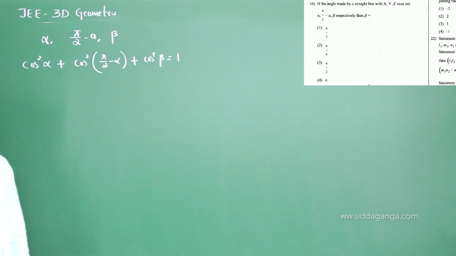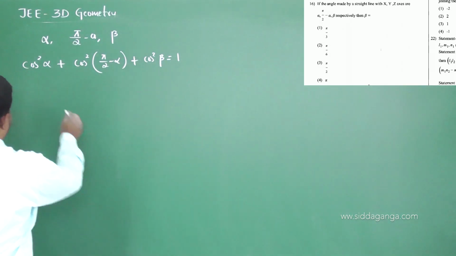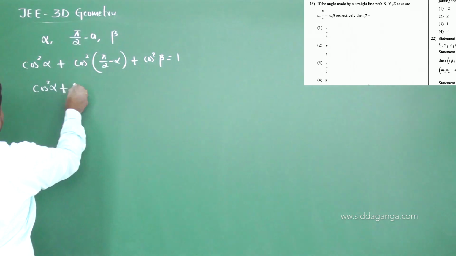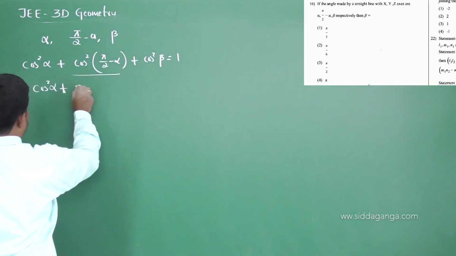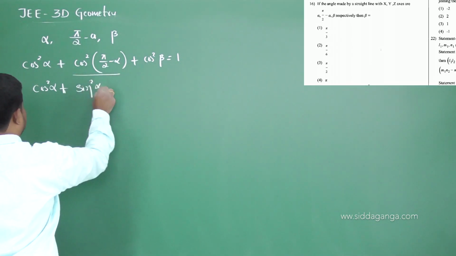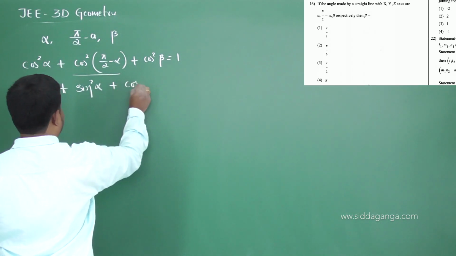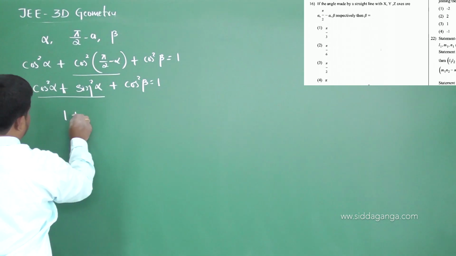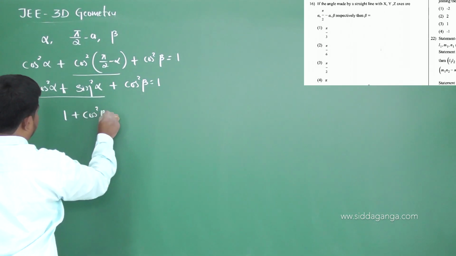Using the result L square plus M square plus N square equal to 1. So this is cos square alpha plus this is cos 90 minus alpha, that is sin square alpha, plus cos square beta is equal to 1. So the sum of these is 1, 1 plus cos square beta is 1.